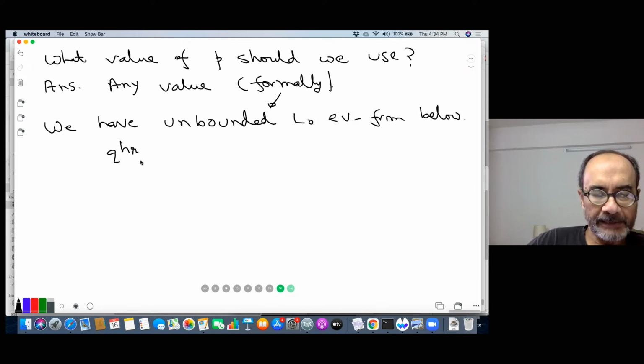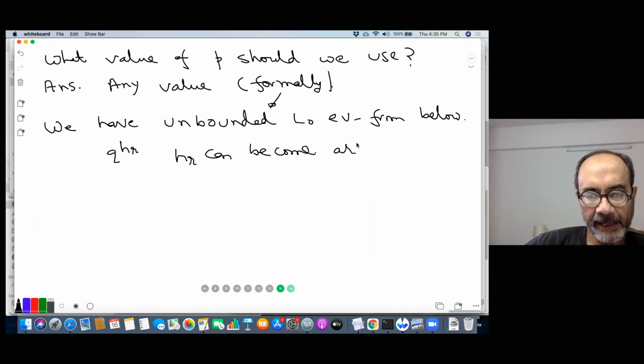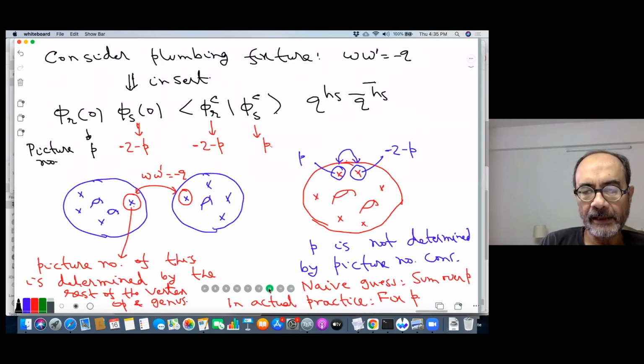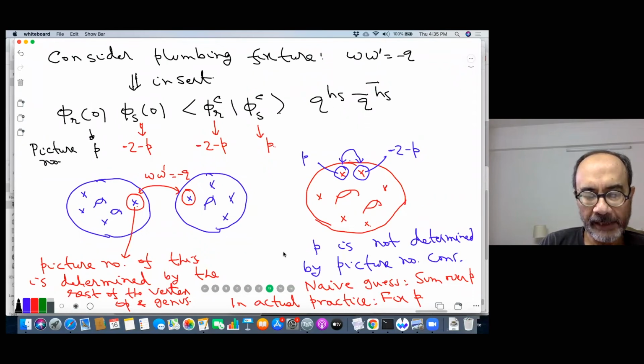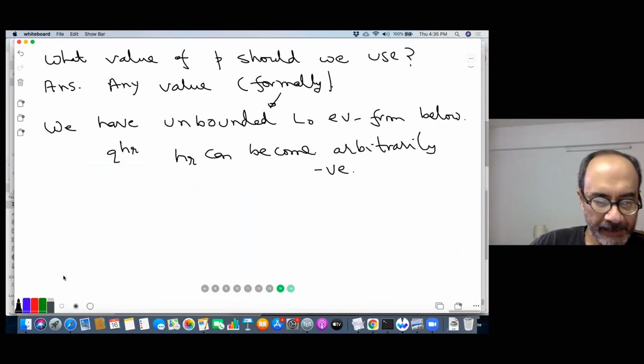So this factor HR can become arbitrarily negative. So it's not clear what the sum over R is doing, because Q is supposed to be a small number, and you are summing over this Q to the HS. Maybe I write it as HS, but it's the same as HR. So it can become arbitrarily negative.